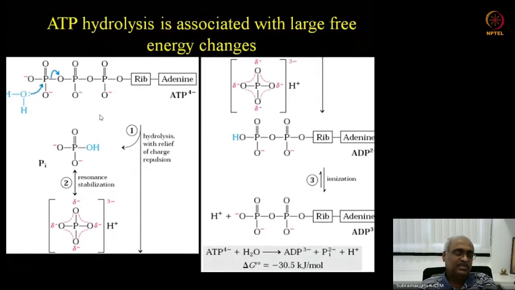Adenosine triphosphate. If you look at it, this is a relatively strong acid. It dissociates in water, which has very little proton, 10 power minus 7 molar proton only is there in water, so it readily loses protons and becomes negatively charged. And look at all the negative charges next to each other, so serious charge repulsion.